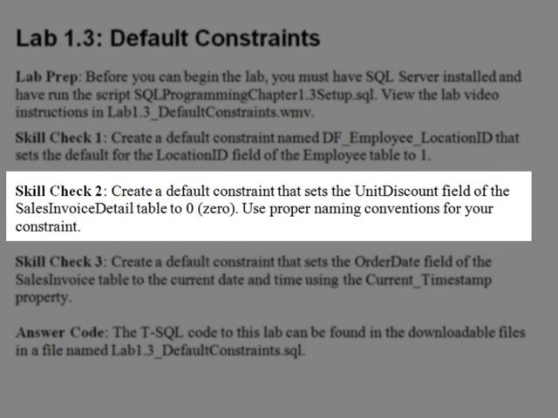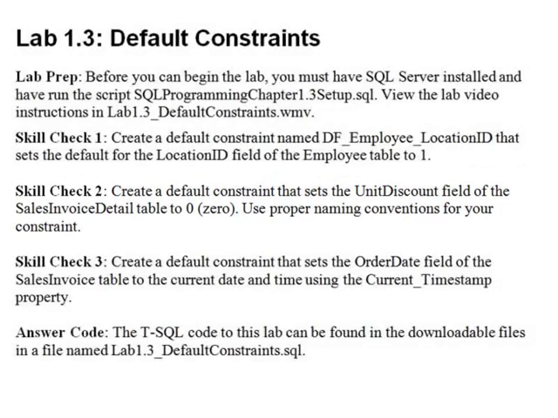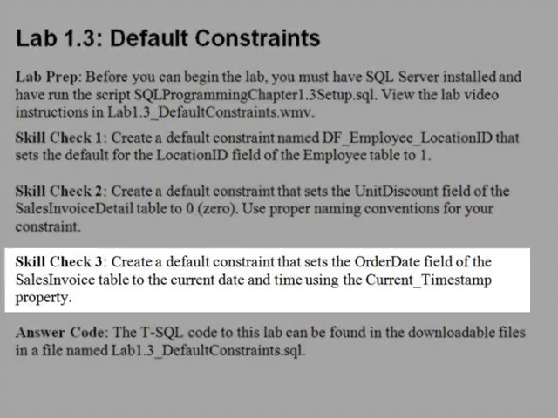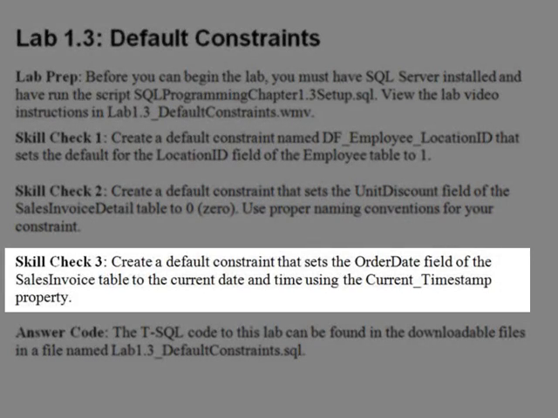Create a default constraint that sets the unit discount field for the sales invoice detail table to 0. Use proper naming conventions for this constraint. Skill Check 3. Create a default constraint that sets the order date field of the sales invoice table to the current date and time using the current_timestamp property.